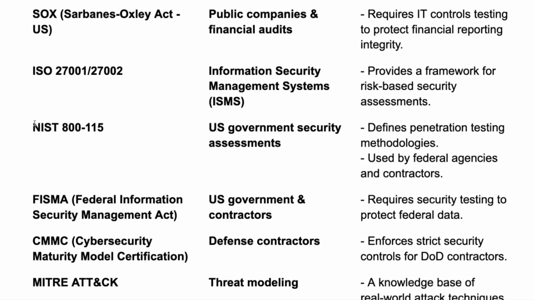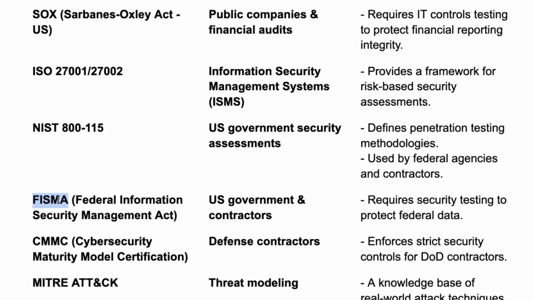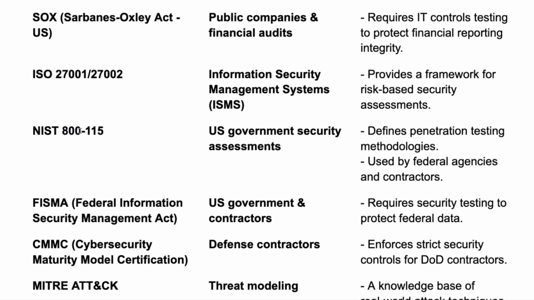So these two are kind of two sides of the same coin. And usually, if you're dealing with an entity that has to abide by FISMA, they also have to abide by NIST, which is the National Institute of Standards and Technology, and their standard compliance regulation for U.S. government security assessments that is called 800-115.